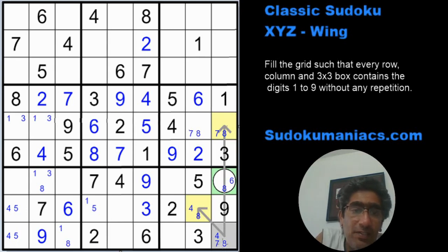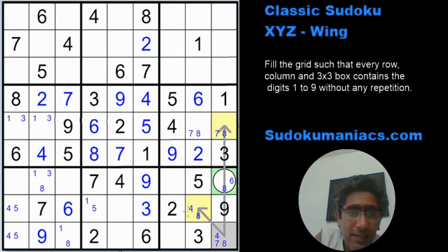However, what would happen if this third letter was in it? If the pivot had the option of 8, right? Now we need to identify only one cell, or rather a set of cells which are buddy or common to all three cells which are marked in gray and yellow. So in XY wing, we were only looking at the buddy cells of the ends of the pivot, that is the cells that were marked in yellow.